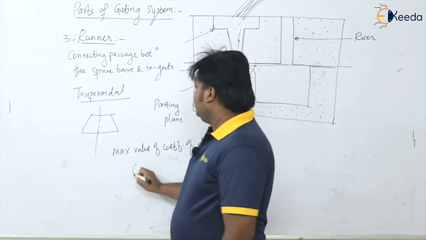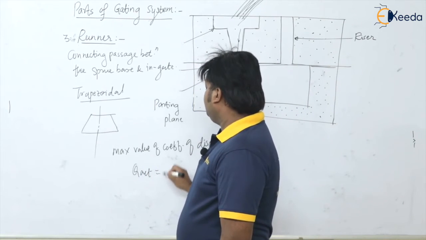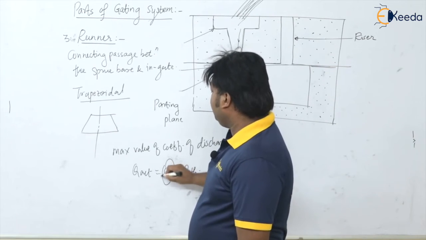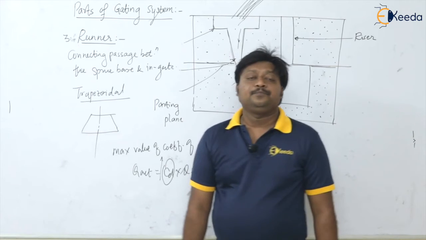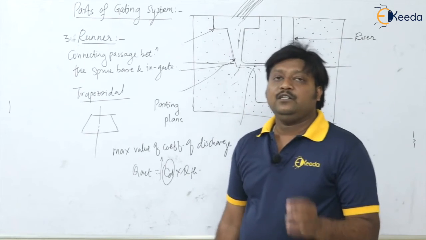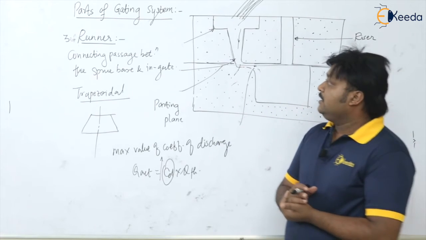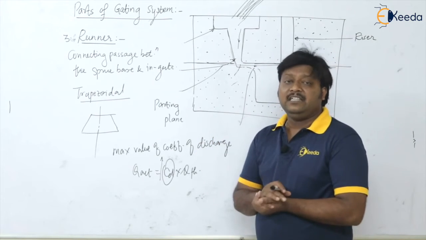You know that Q actual is equal to CD into Q theoretical. So the CD value for the trapezoidal cross section is maximum. That is why we generally use the trapezoidal cross section. Okay, so this is about the runner.